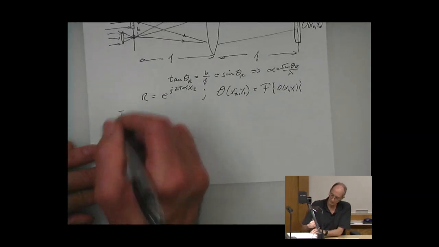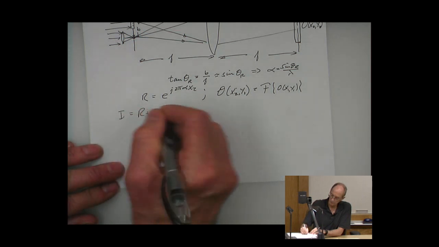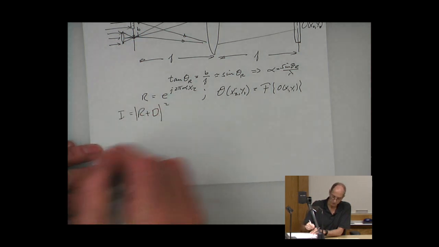So again, we want our intensity for the recording. That's equal to the magnitude of r plus script O, squared.